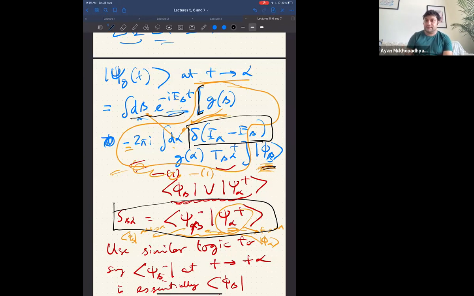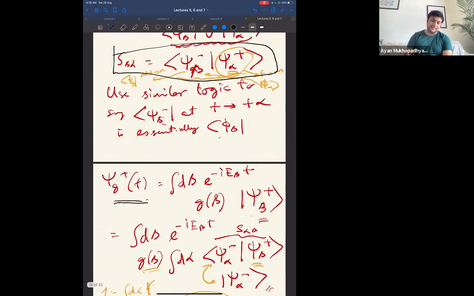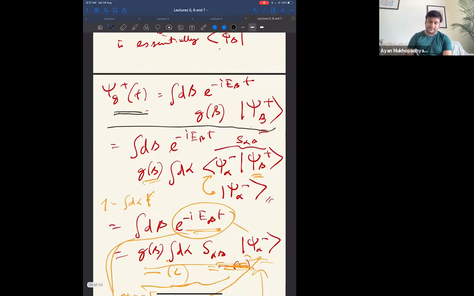So we put a complete set of basis states here, and this is also an exact expression, because we know that it's also an H eigenstate, and that is how it will evolve with time.